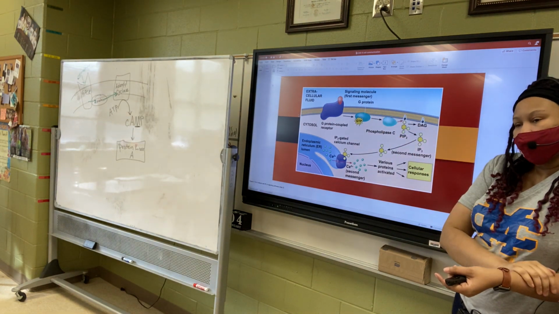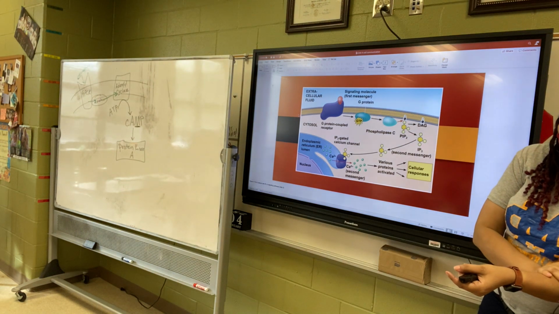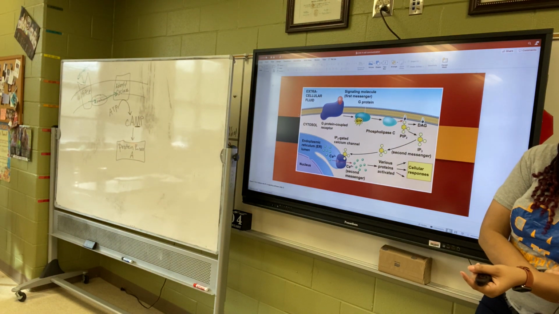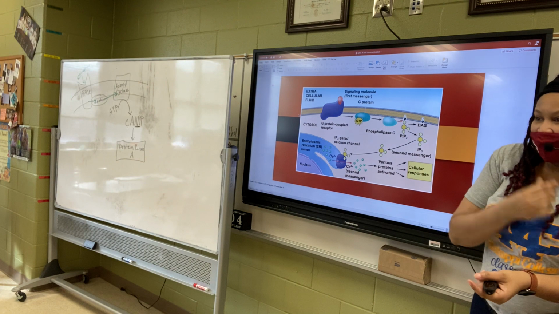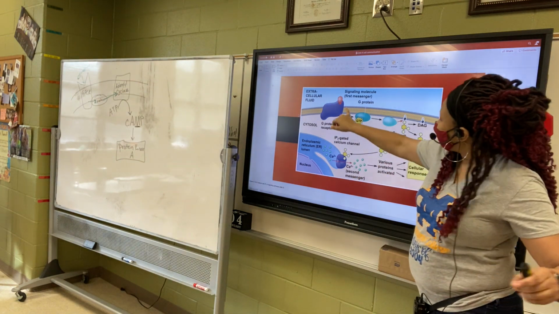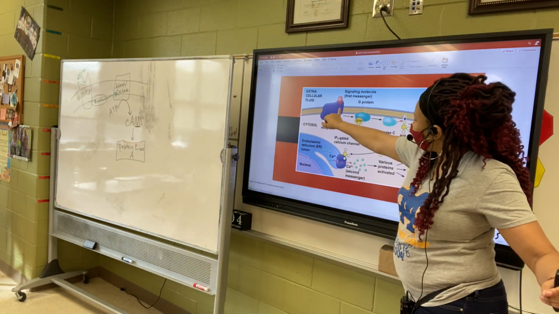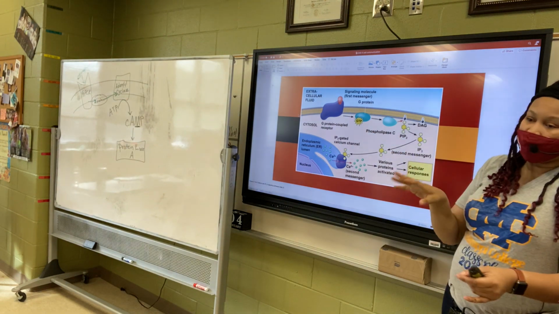So when we're using these different enzymes, like phospholipase C and adenylyl cyclase, it's just dependent on whatever the cell's trying to respond to? Exactly. A cell has many different proteins embedded.